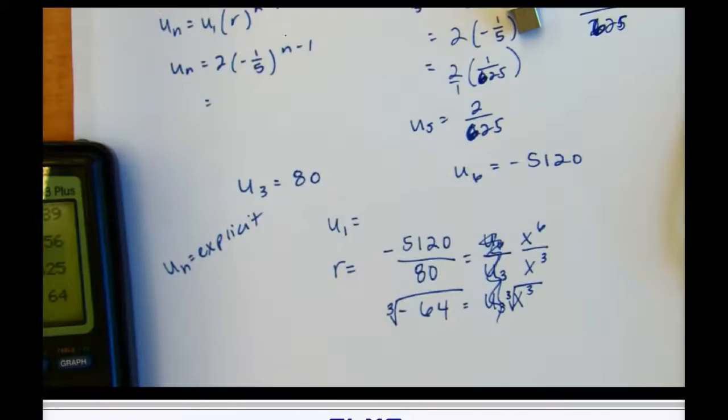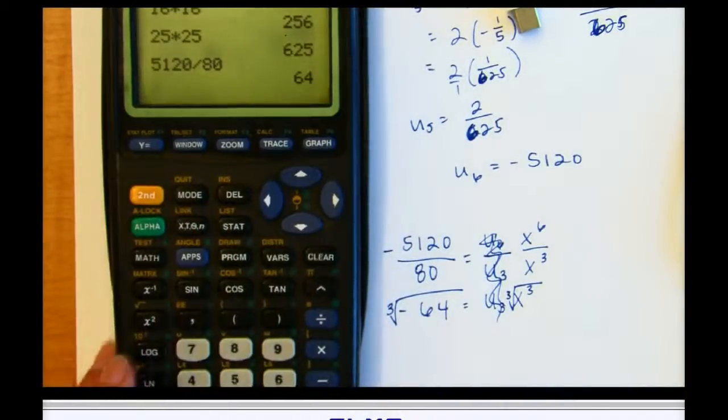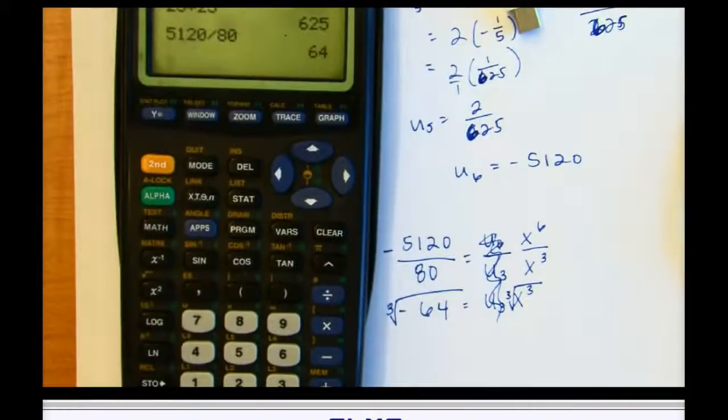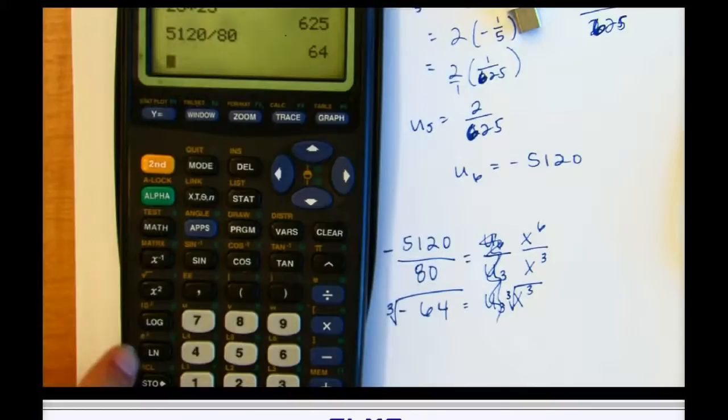If you don't have a calculator at home, use your Chrome. If you log on to Delta Math from last year, it's got a great calculator that you can use. I'm going to use my calculator up here so that you know how to get to these things. If I wanted to take the third root on my graphing calculator, unfortunately there's no cubed root function. If you look at all of the buttons and all of the values above it, there's actually no cubed root.